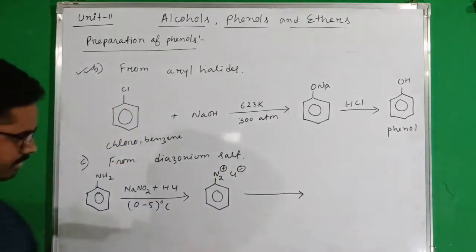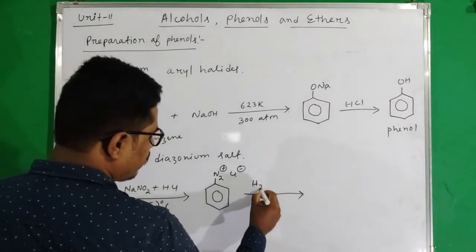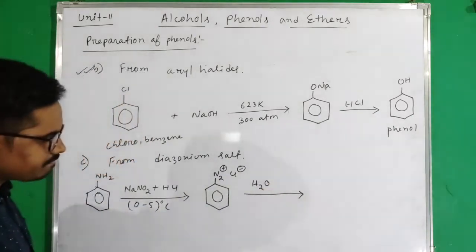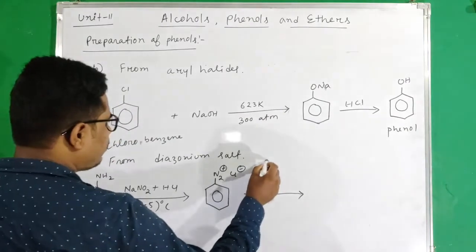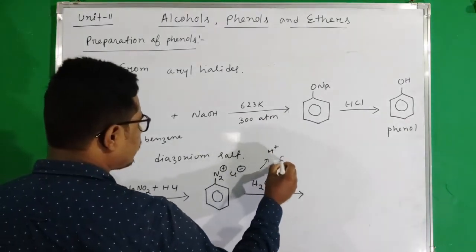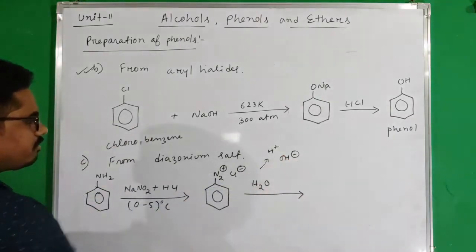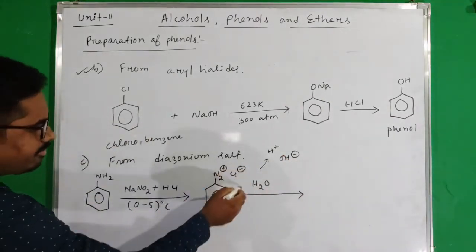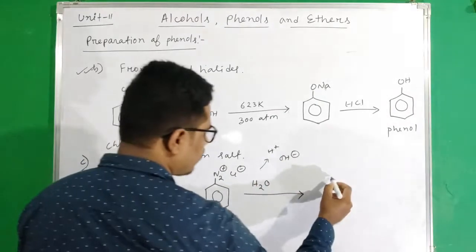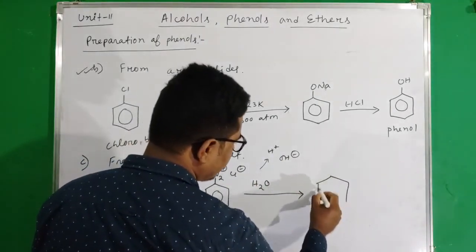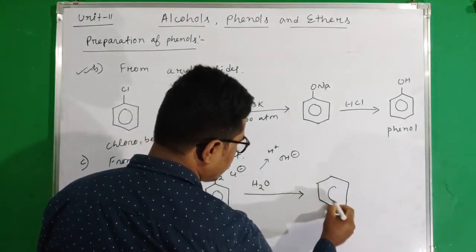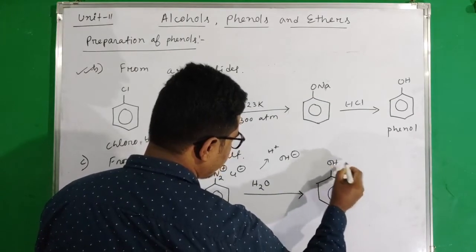And when diazonium salt is treated with water, then water will break to form H positive and OH negative, and this OH negative will replace the diazonium group. That means the final product is phenol.